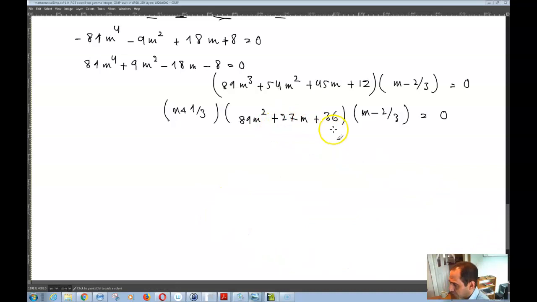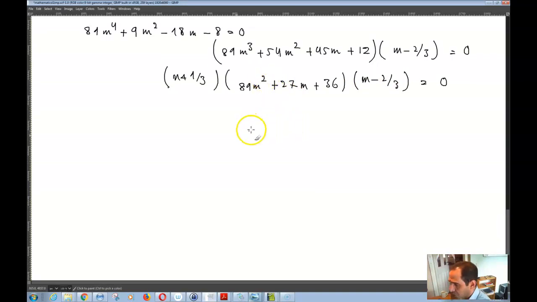So now basically you have only a second degree polynomial, and that you can factorize as well, hopefully, meaning that you have 81m squared plus 27m plus 36 is equal to 0, for example. 81 is divisible by 3, this is divisible by 3, this is divisible by 3.